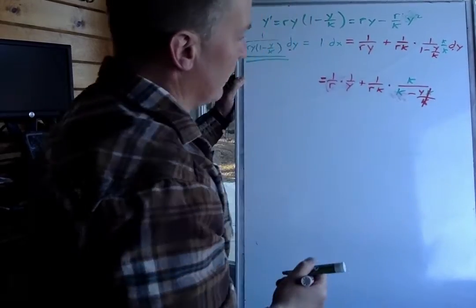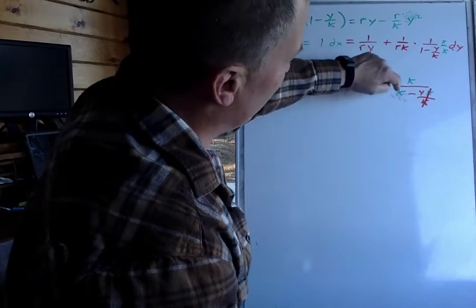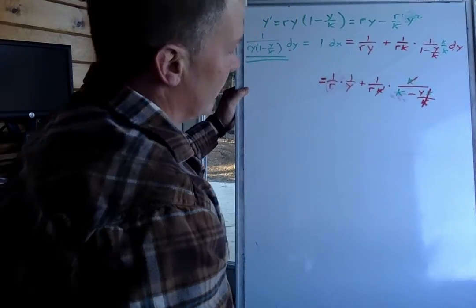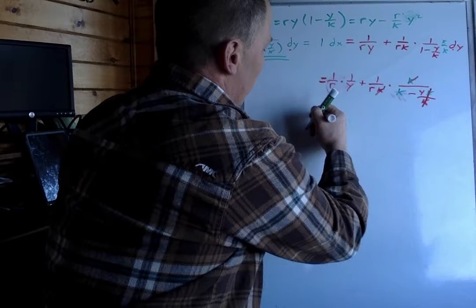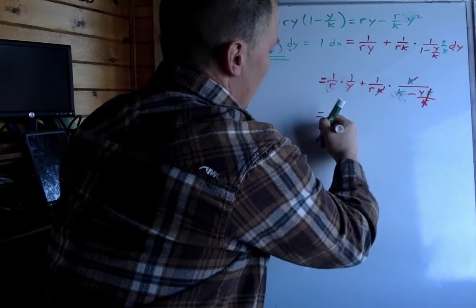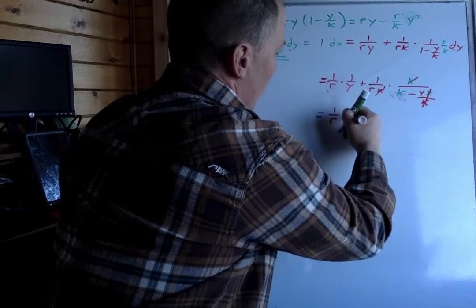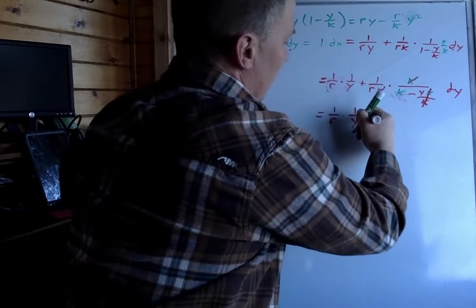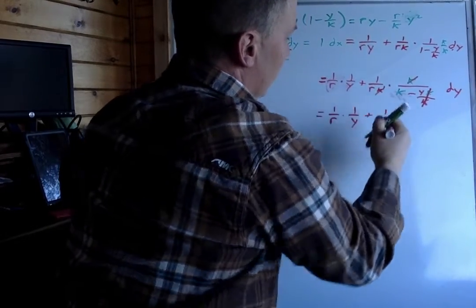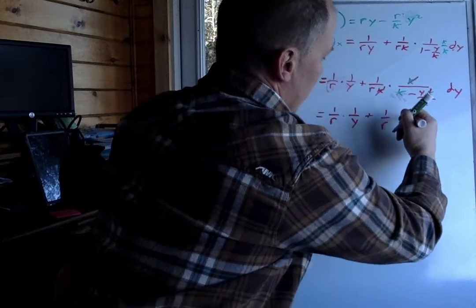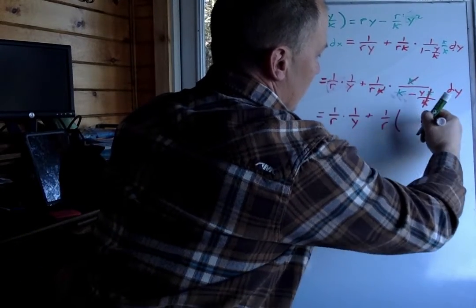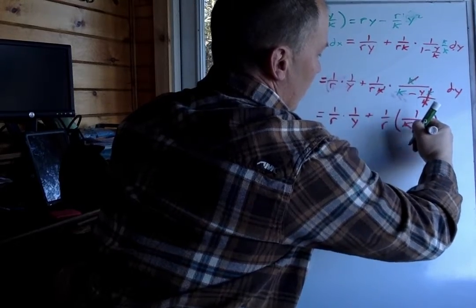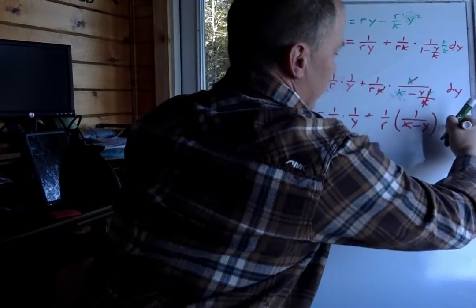So those k's cancel out. Now we have this k over that k, and this k and this k can cancel out. So we can rewrite this as 1 over r times 1 over y, dy. I forgot to bring down my dy. Plus 1 over r, times 1 over k minus y, dy.